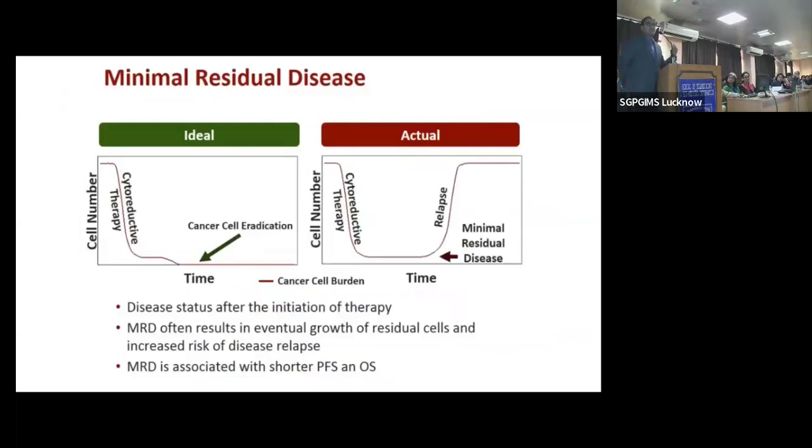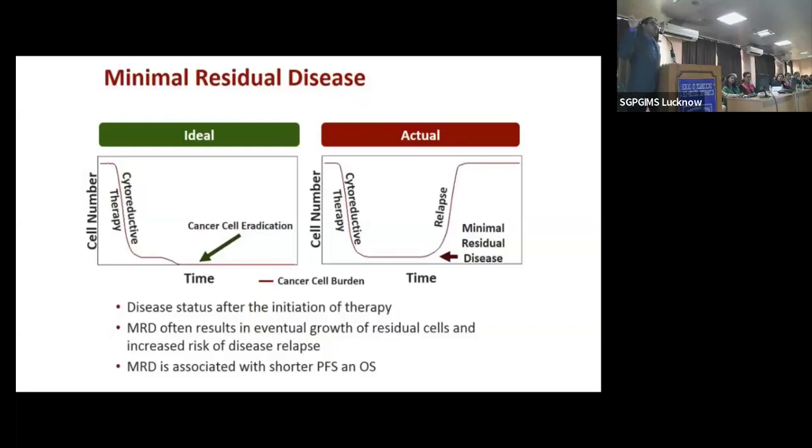As you can see, the ideal situation would be that we give the cytoreductive therapy and there is complete eradication of the cancer cells. But this doesn't happen in the practical situation. In the practical scenario, when you're giving a cytoreductive therapy, definitely the tumor burden, the cancer cells, dip down, and then over a period they are detectable at a very residual level, and following which, when the intensity of chemotherapy decreases, the disease again starts increasing.